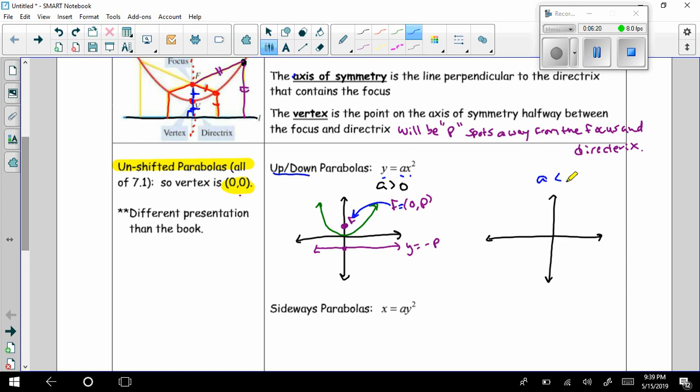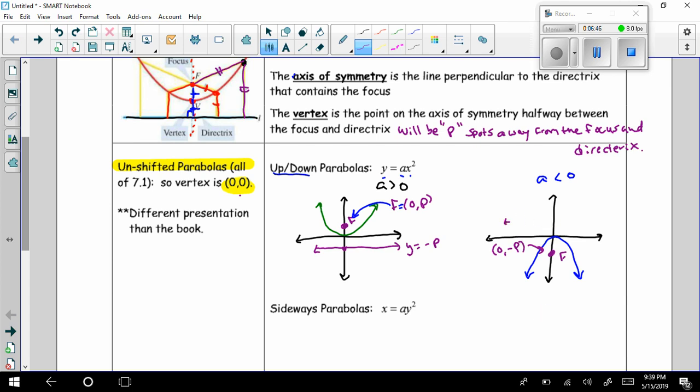Then you can also have when a is less than 0, so this is when it's open down, right? So we have your upside down parabola. You're still going to have, we'll do the same color here, your focus. But this time, that focus will be at 0, negative p, because we've flipped it.